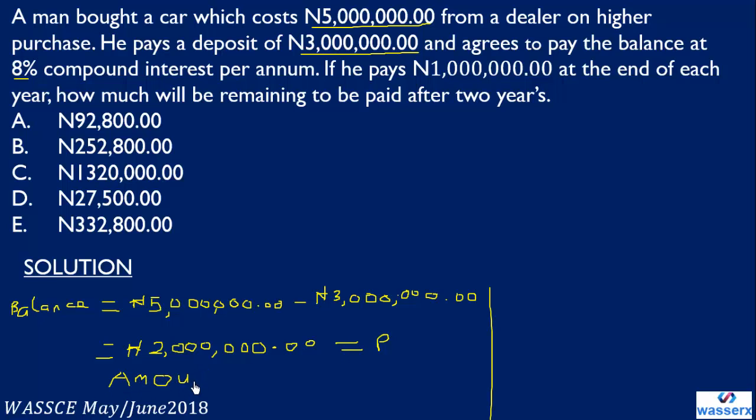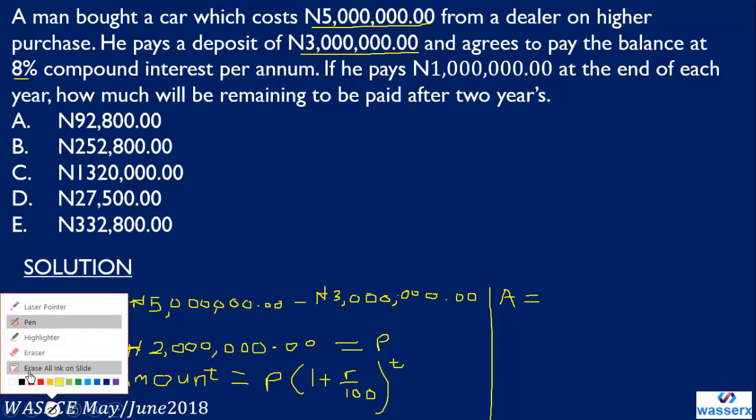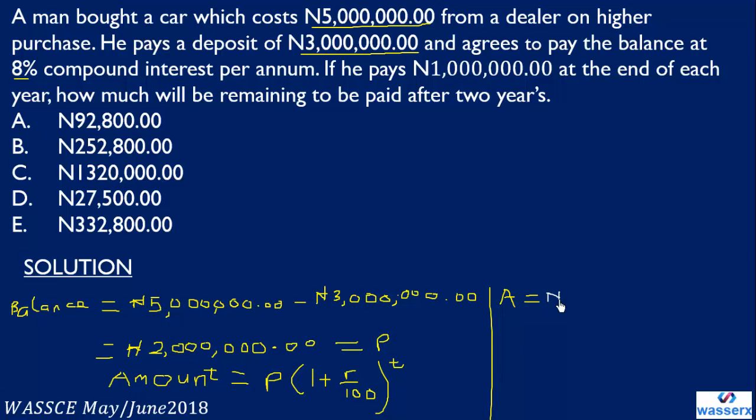So you know the amount is equal to principal times (1 plus r over 100) all to the exponent of t. So that is the compound interest formula. Now our amount becomes the 2 million times 1 plus the r, which is 8%, all to the exponent of 2.